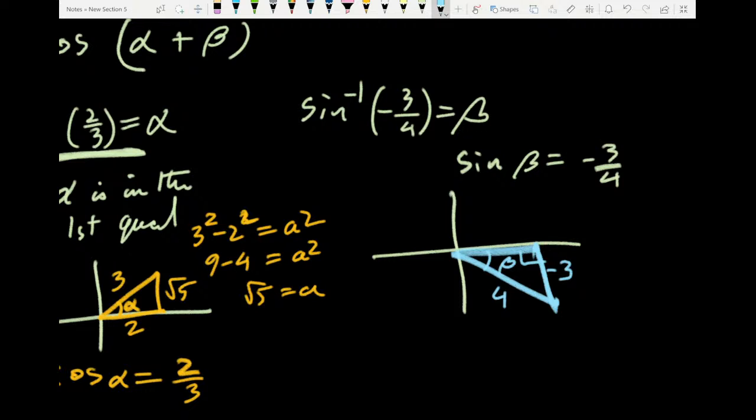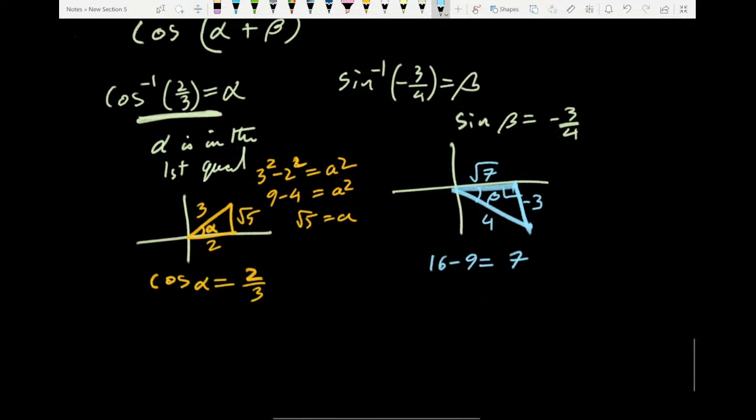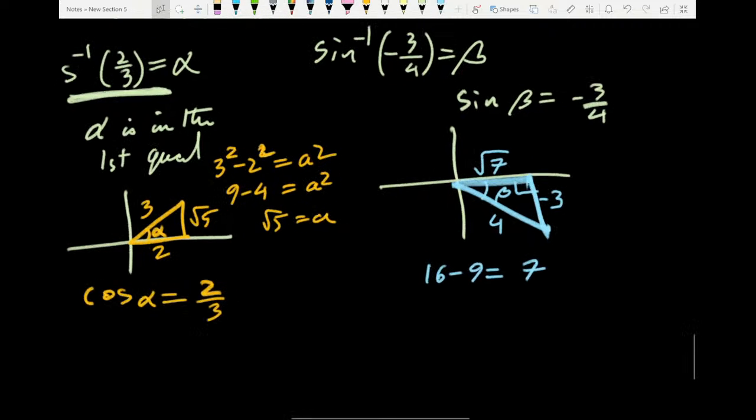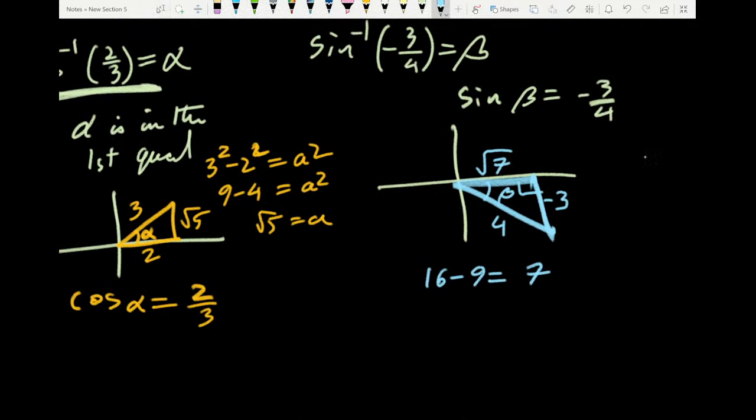So what's the missing side over here? 16 minus 9 gives you 7. And then we do the square root of that. So the missing side is going to be square root of 7, and it's going to be positive because the x-axis is positive on this one. Boom. So we got these two special angles right over here and right over here, this triangle.